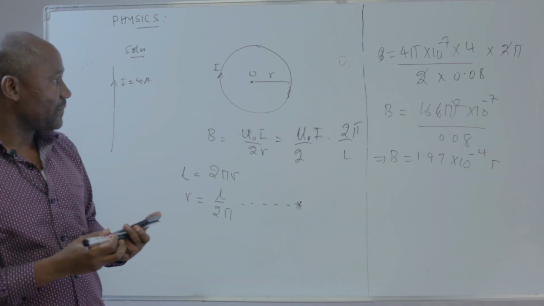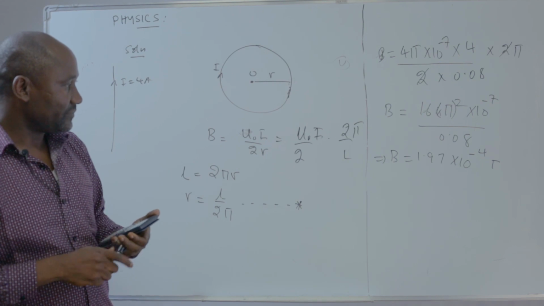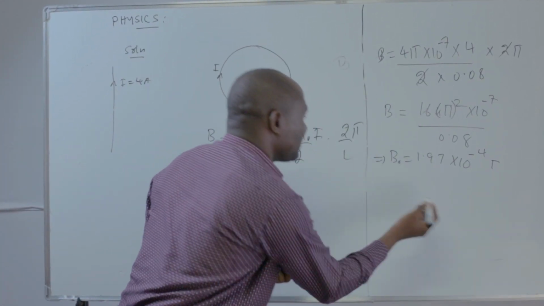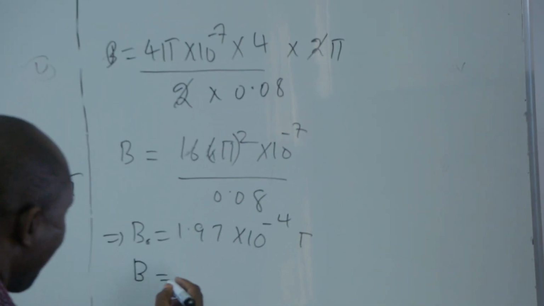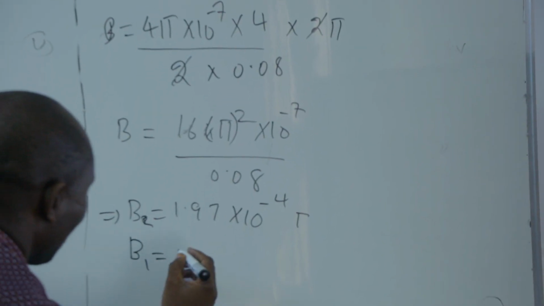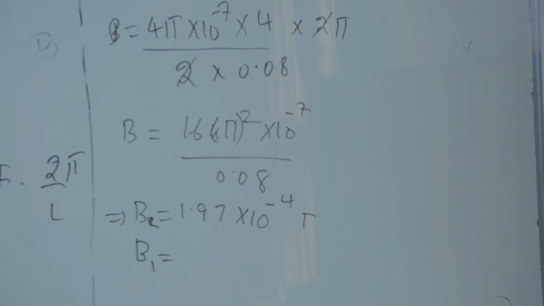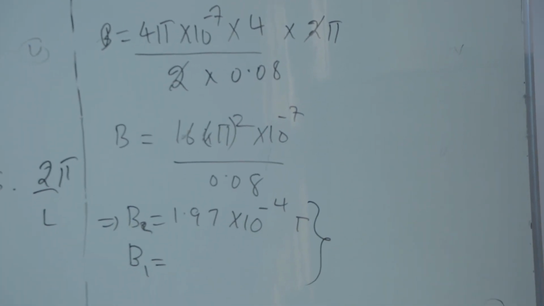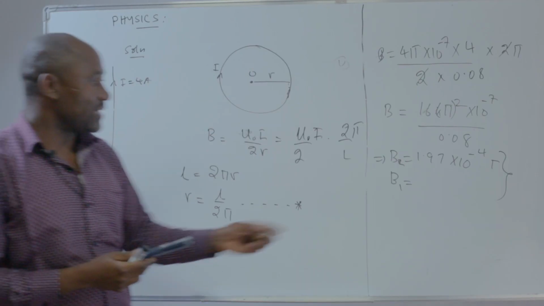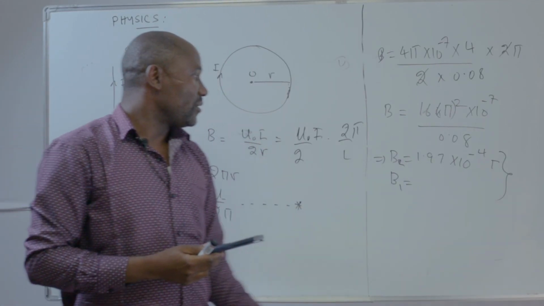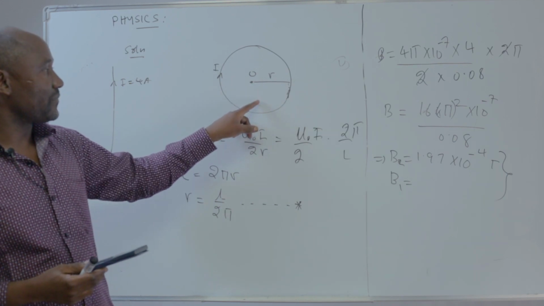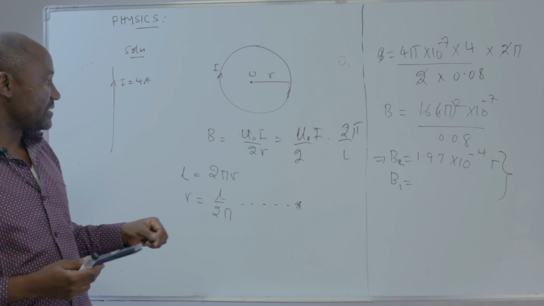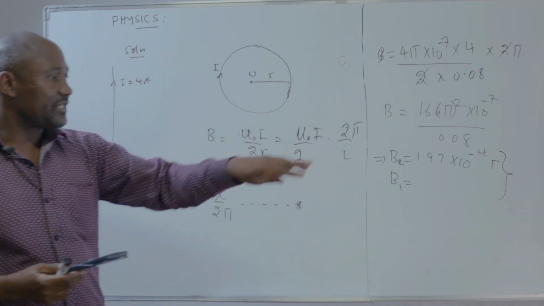And remember, this is our previous one, number 1. We got the values we got, and you can compare here, and you see that the two values are not the same. So this is our magnetic flux density of the circular loop at the center, and then you got B1 as the magnetic flux density of the square.